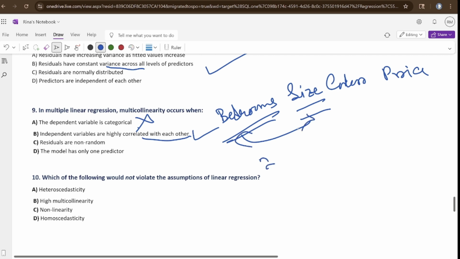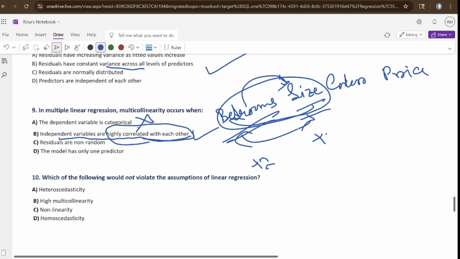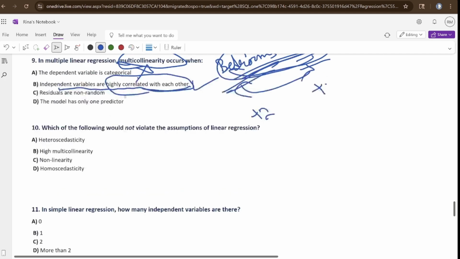If I increase the number of bedrooms, automatically size will also increase. So if there are dependencies among the independent variables, then multicollinearity occurs. If independent variables are highly correlated, then multicollinearity occurs, and the linear regression model cannot be applied properly.